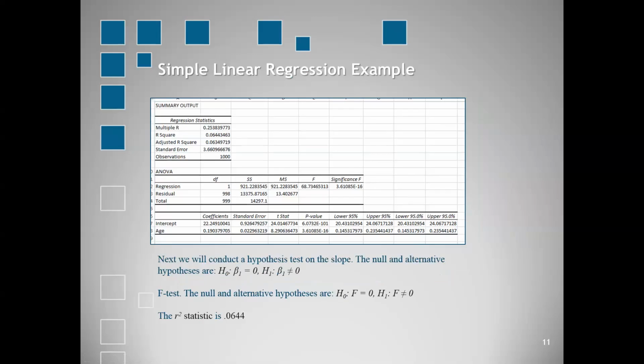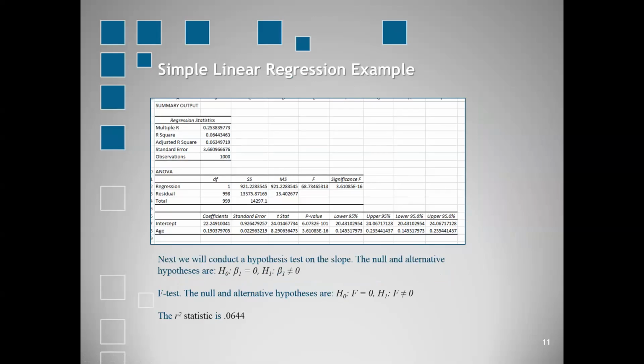We can obtain a t-value and a p-value from the age row in the third box. In this case, the t-value for the slope is 8.29, and the p-value is 3.61 times 10 to the negative 16, which is a very small value that is much less than 0.05. As a result, we reject the null hypothesis and conclude we have evidence that age does predict the length of hospital stay.